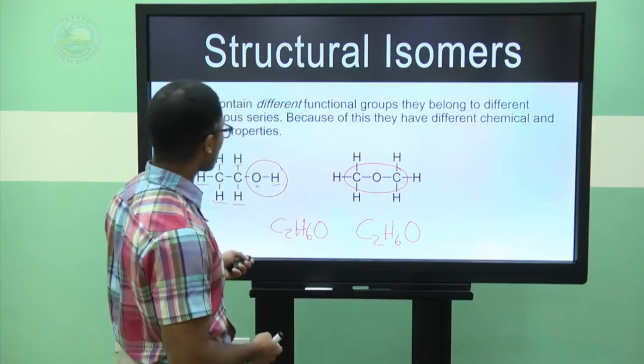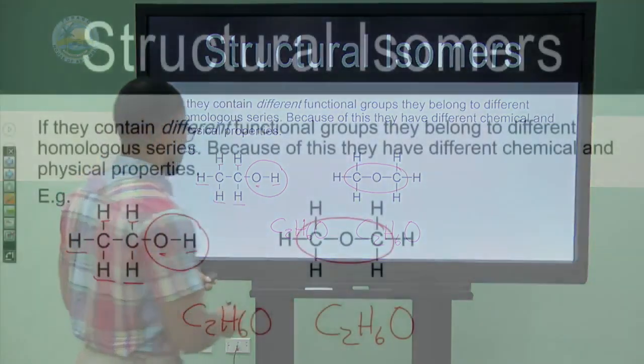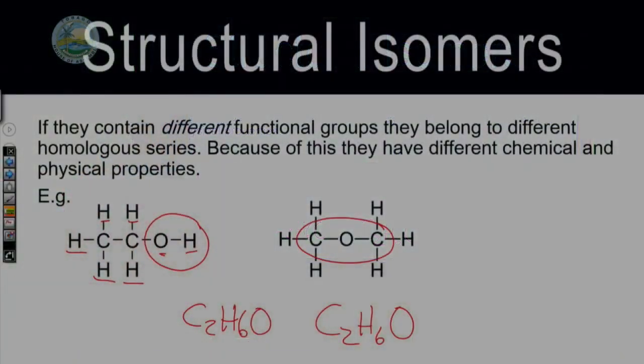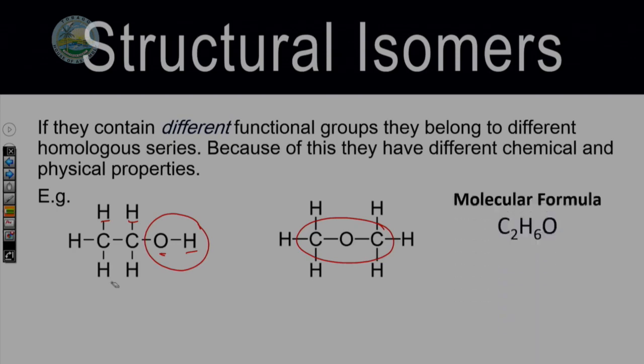All right, so now what else can we get from here? We say that they differ in chemical properties as well as physical properties. So let's look at the first one. The molecular formula again, as we have it there, and then we have them in terms of their chemical and physical properties.